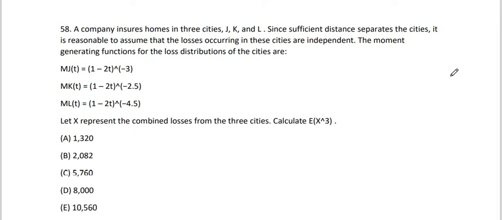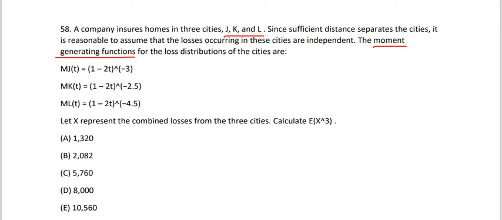For this problem, it is also about the moment generating function. We have three random variables J, K and L, and their moment generating functions are like this: J's moment generating function, K's, and L's.